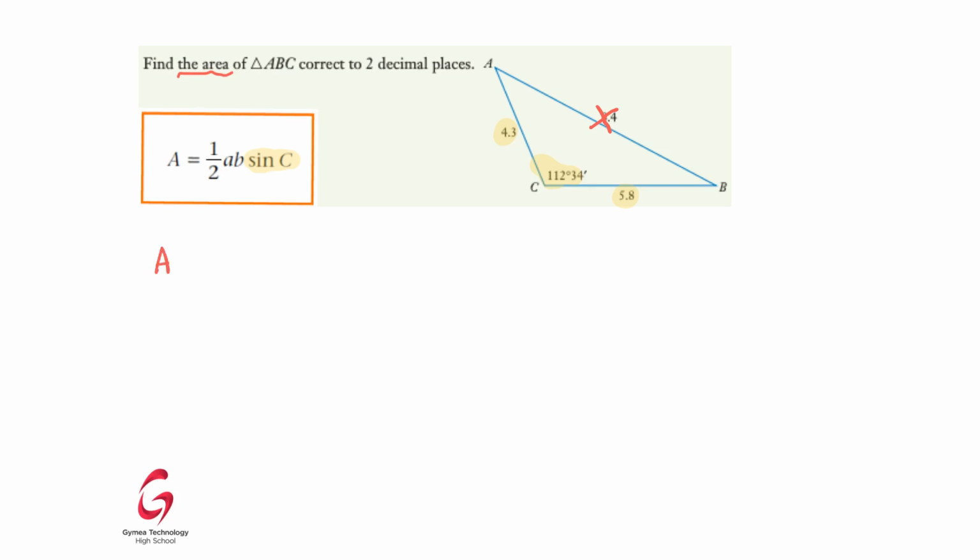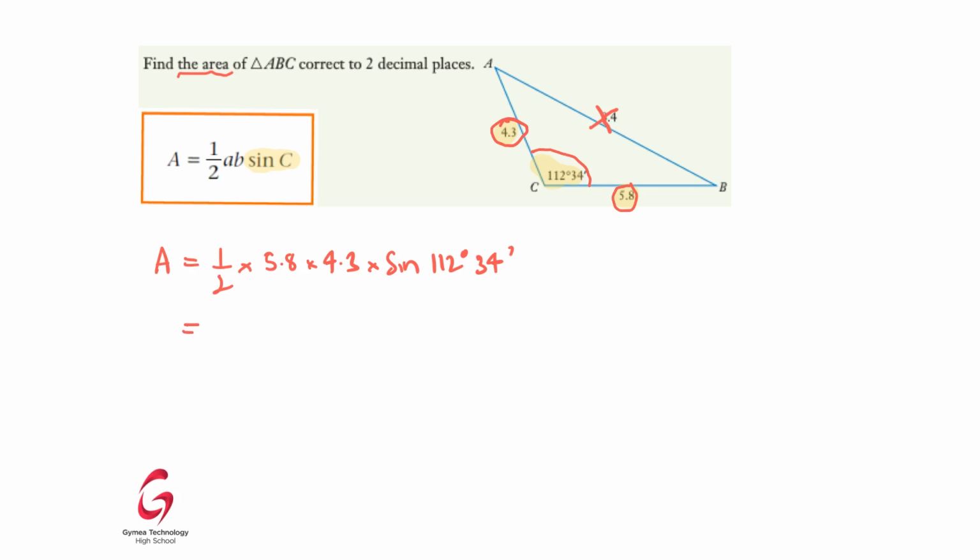Okay, so let's follow the formula. It says we're going to do half of 5.8 for A times 4.3 for B times sine 112 degrees 34 minutes. Let's just check we've got these things right. We've got our angle, that's our sine C, and yes, we've got our two sides next to that angle that we're using in the substitution.